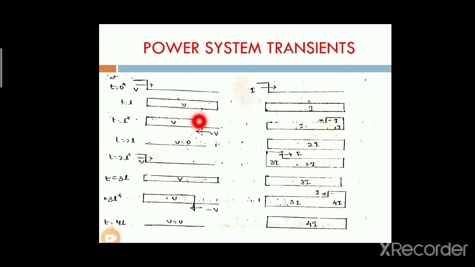This is the graphical representation of the voltage and current waveforms. This is the applied voltage V and this is the applied current I.